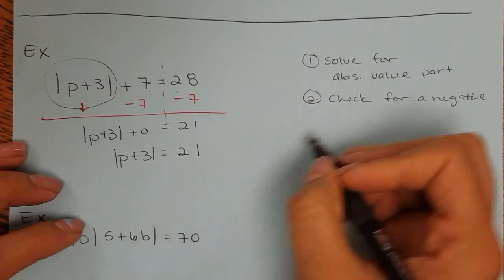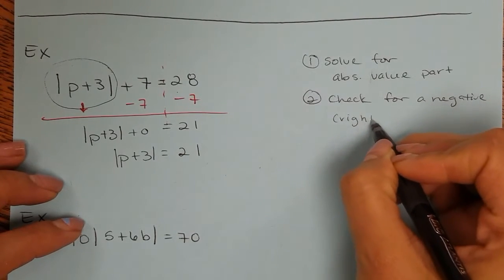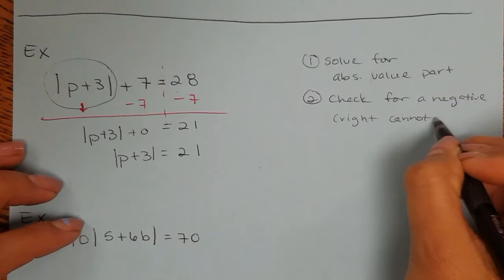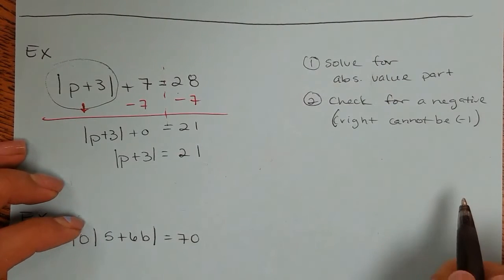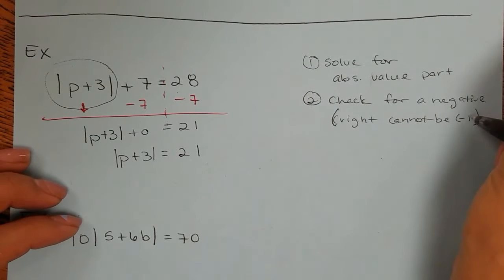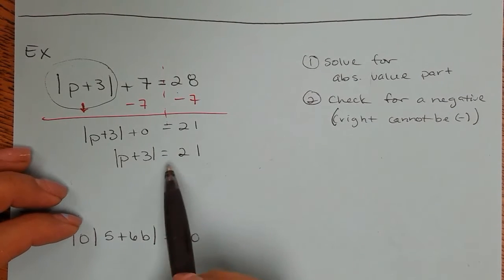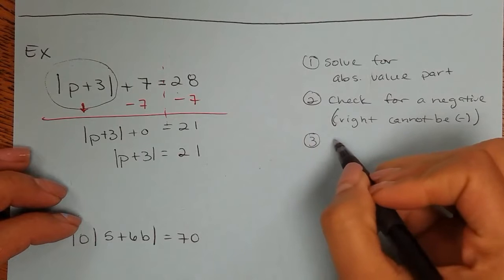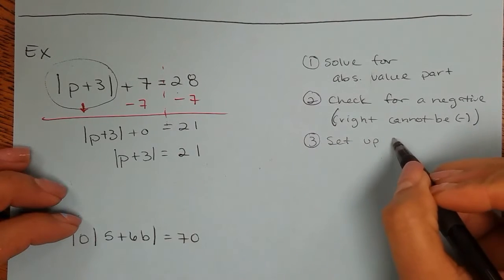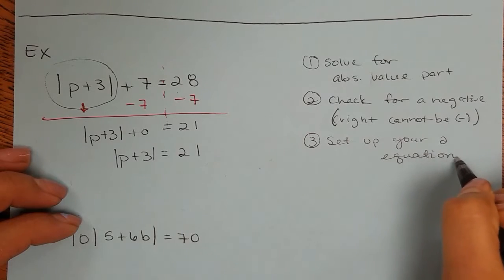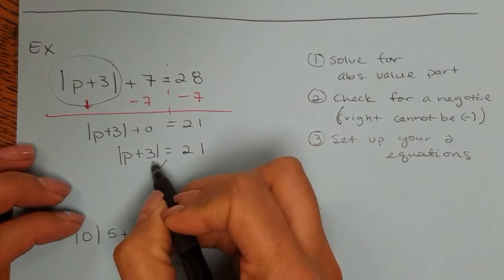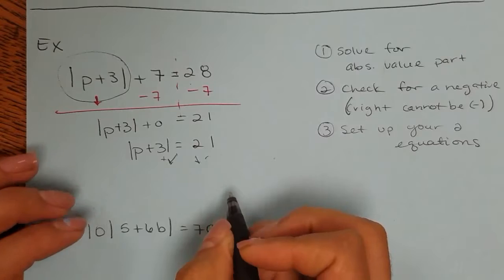Okay, so the right cannot be negative. That's a negative sign. And then your third step, you're going to set up your two equations. Okay, so remember you have a positive 1 and a negative 1.